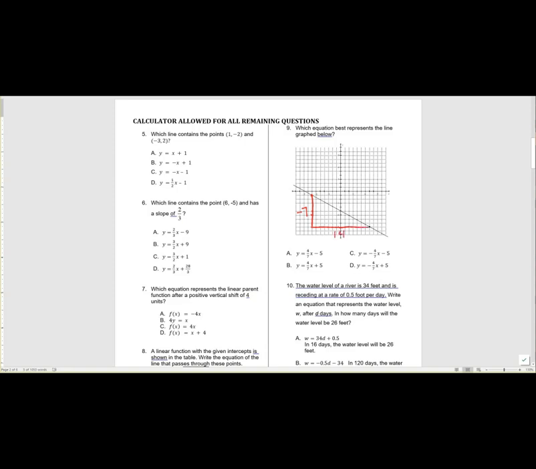So it's over 14. Okay, it looks like that's not going to be accurate to what our answer choices are. So let me recount this and reconsider this.